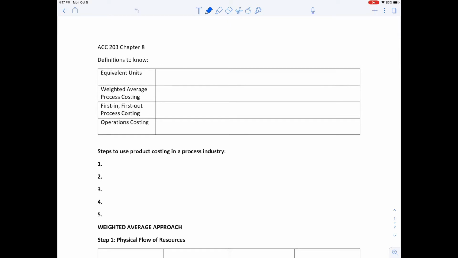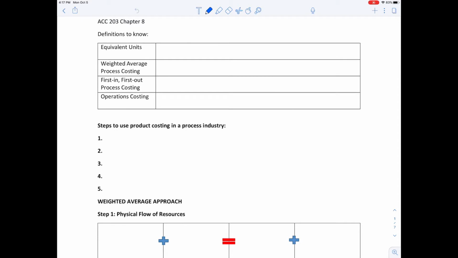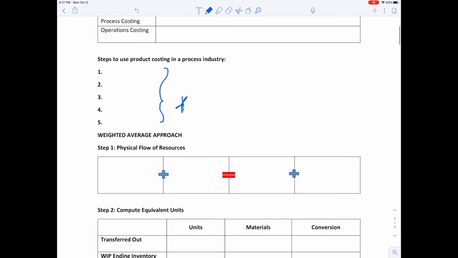So for process costing, to account for these costs, we're going to do this in both the weighted average process costing method and first in, first out process costing method. These steps do not change whether we do weighted average or first in, first out. So make sure you know these 5 steps in order. It's going to be helpful for you.